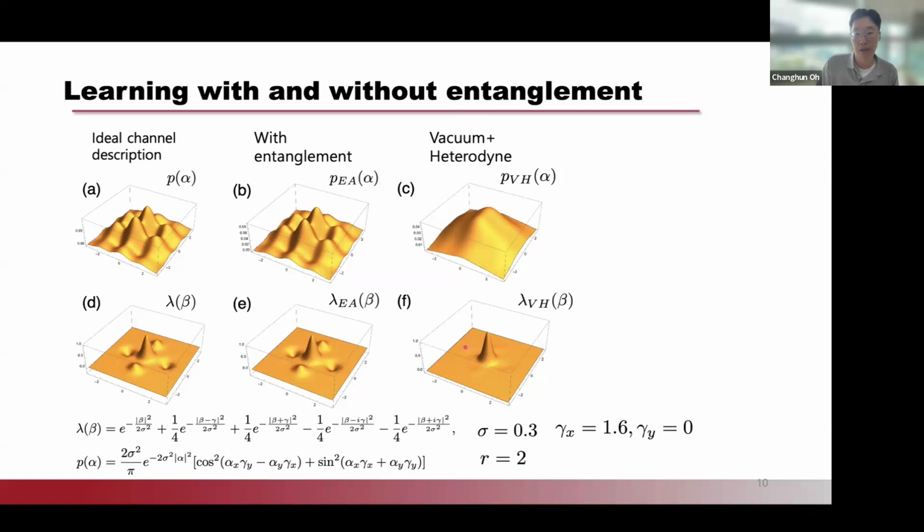So that means that learning this particular random displacement channel becomes very difficult if we use this classical, entanglement-free scheme. Again, this is a very particular scheme, so we need to consider more general entanglement-free schemes to rigorously prove an exponential separation.